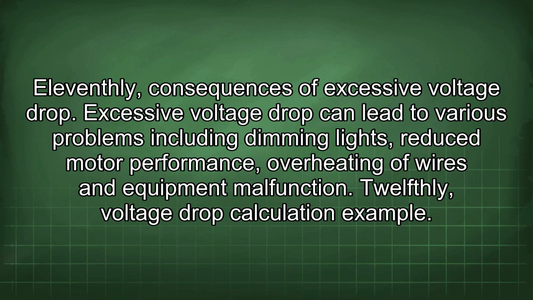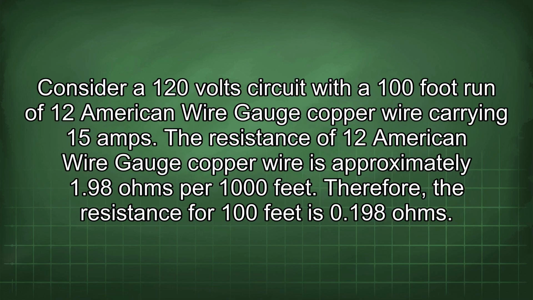12thly, voltage drop calculation example. Consider a 120-volt circuit with a 100-foot run of 12 American wire gauge copper wire carrying 15 amps. The resistance of 12 American wire gauge copper wire is approximately 1.98 ohms per 1000 feet. Therefore, the resistance for 100 feet is 0.198 ohms.